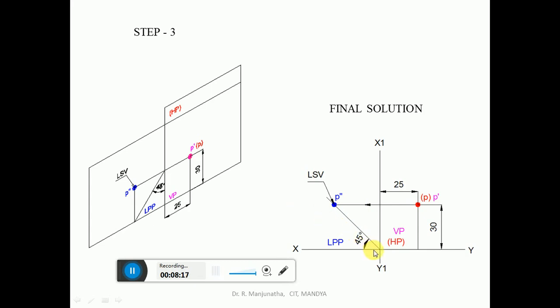Then since we need to transfer the distance of the top view, draw a 45-degree line adjacent to the top view.